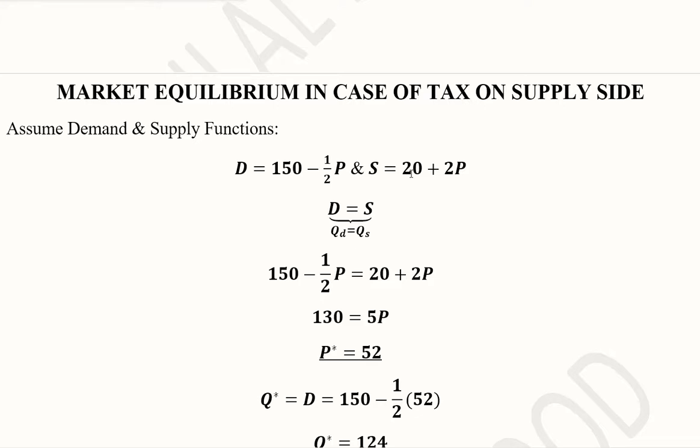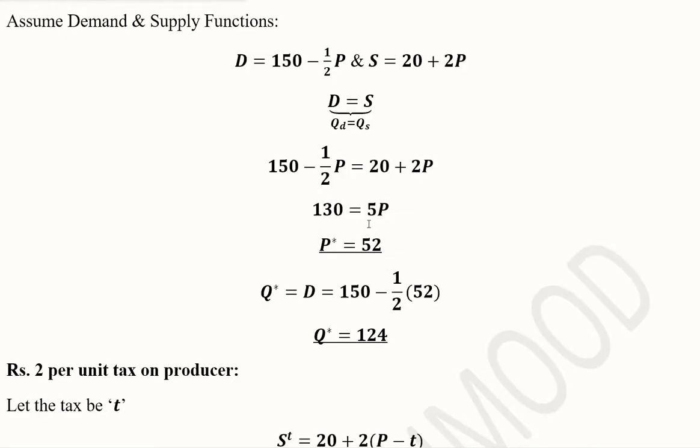Primarily the first thing that we should do is to find out their initial or original equilibrium, so that we become able to compare it with the equilibrium after the tax. So the demand and supply are equated here, the left hand side, the right hand side. We can solve this very easily.